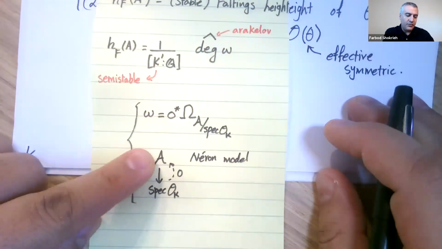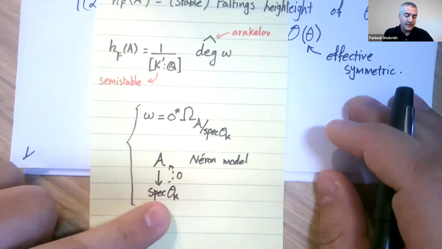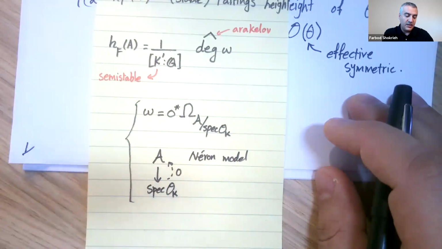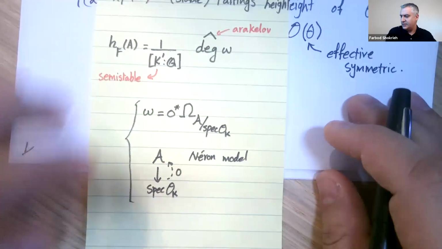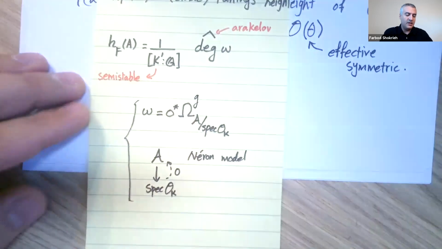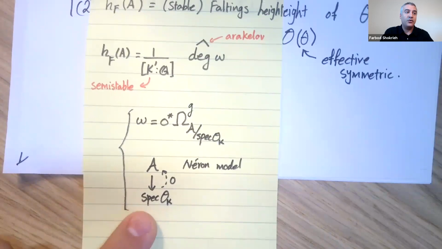You look at the Néron model over Spec O_K. K was the field, this is the ring of integers. There's a zero section, you pull back the relative differentials along the zero section. I guess there's a power of g here that I missed. So you get a line bundle, and that's a line bundle on Spec O_K.